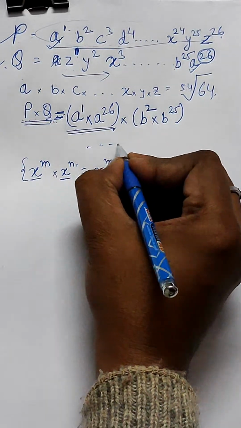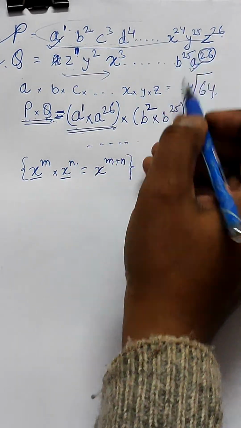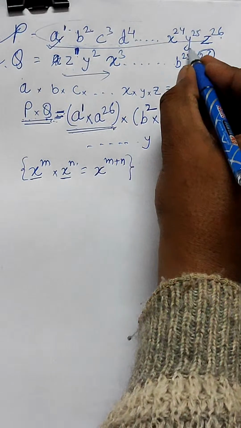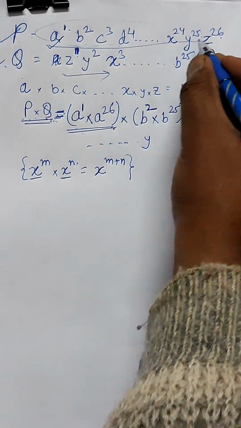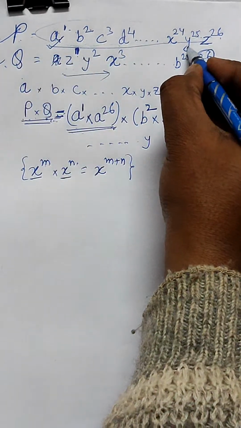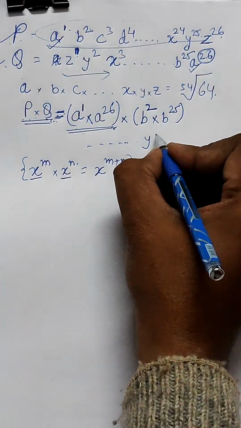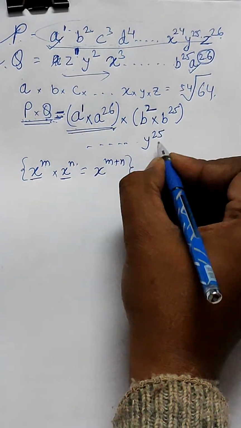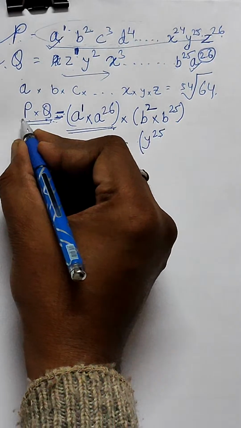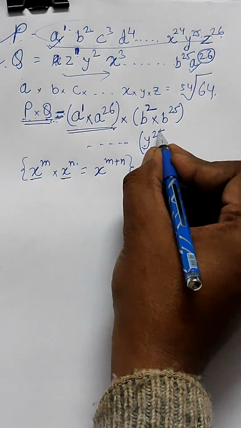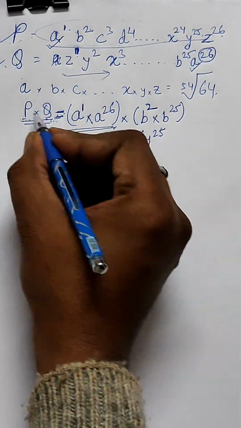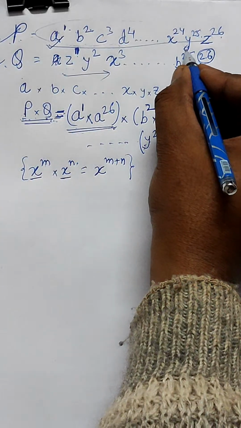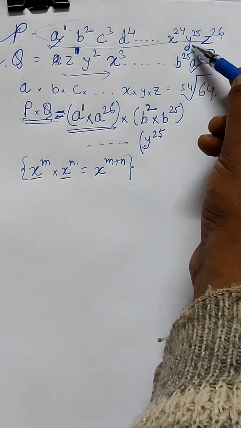In this way, when you go till y, what is the power of y in p? It's 25. So y to the power 25 is the value of y in p. I think I am able to explain it to you.